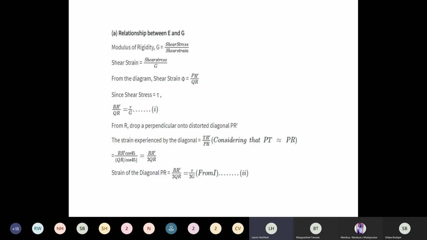Refer to the figure carefully. This has also been sent in your WhatsApp notes. You can note down the derivation. Now as I said, you are supposed to drop a perpendicular from R onto the diagonal PR dash. Now from this, strain experienced by the diagonal is taken as TR dash divided by PR.